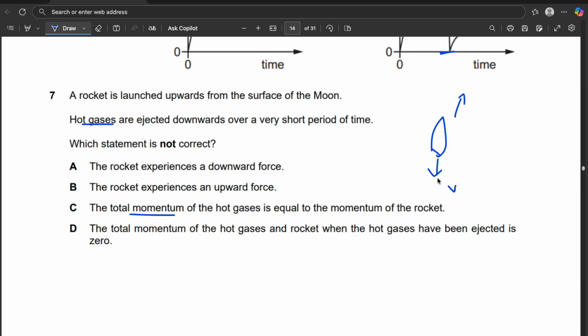So yes, because as I mentioned, C and D are contradicting each other. Because one would be in the negative direction and the other in the positive direction, they have the same magnitude. So total momentum will be 0. So it is correct. So the statement that is incorrect will be C.